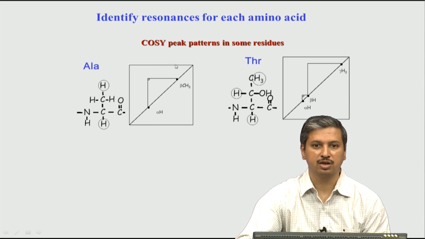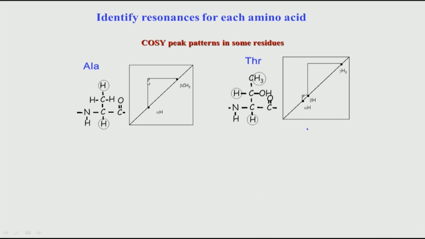Alanine is very simple, and this is what we see in many textbooks: alanine alpha, and we have already seen this gives a correlation to the beta proton. Remember, this axis and this axis are both hydrogens. The beta proton is coupled to the alpha proton by 3 bond J coupling.